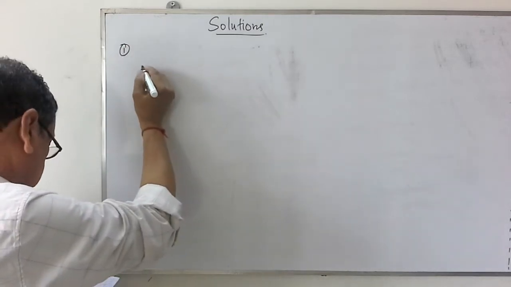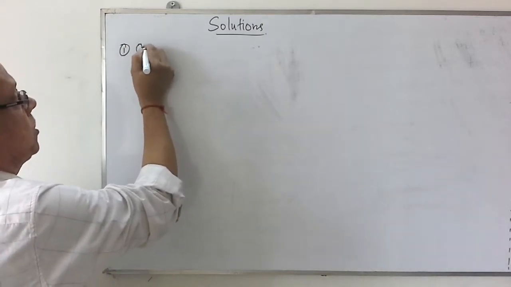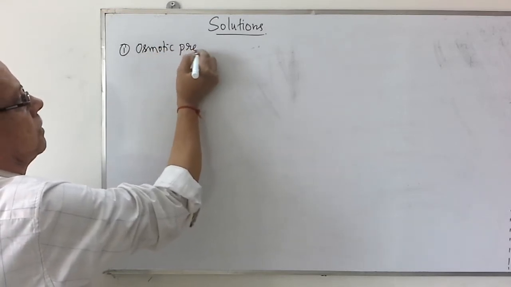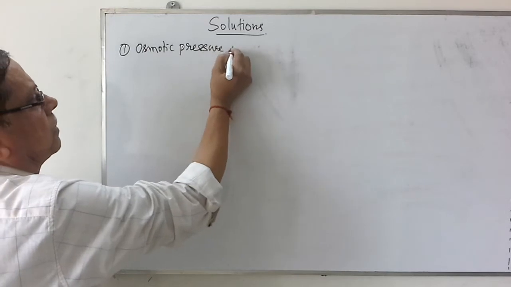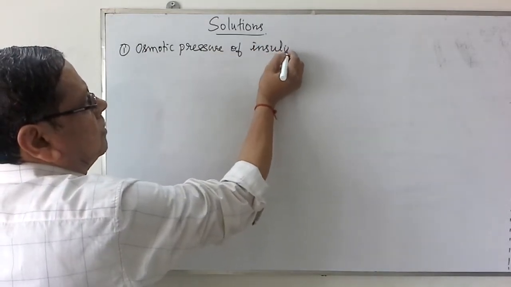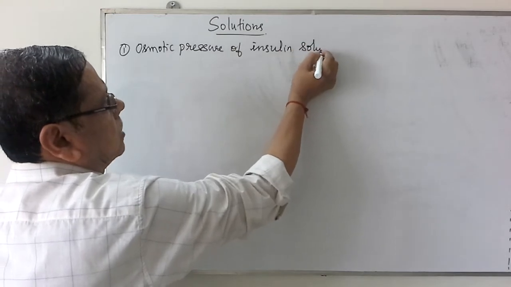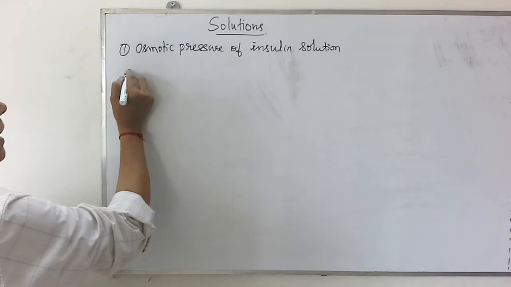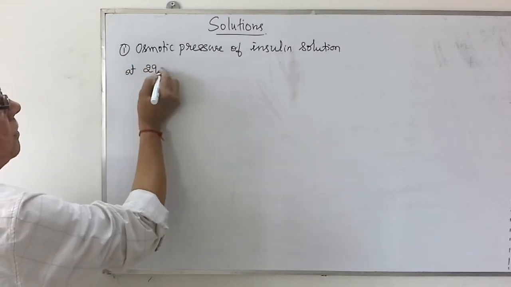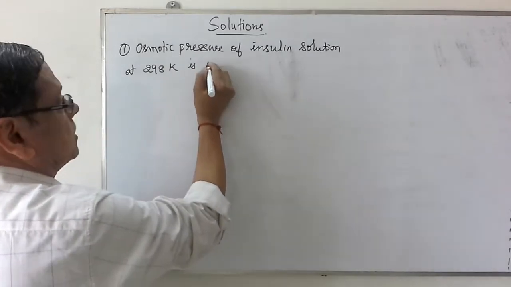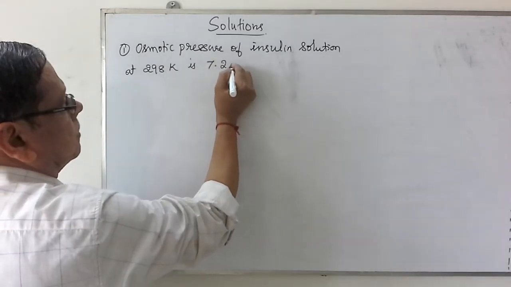The first question is: the osmotic pressure of an insulin solution at 298 Kelvin is 7.2 atmospheres.